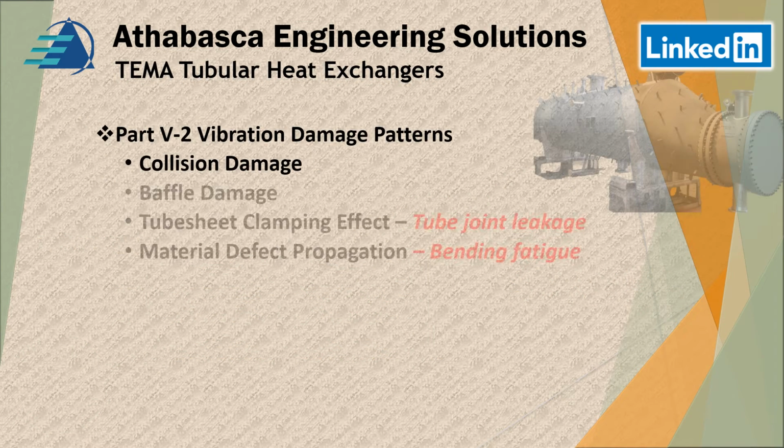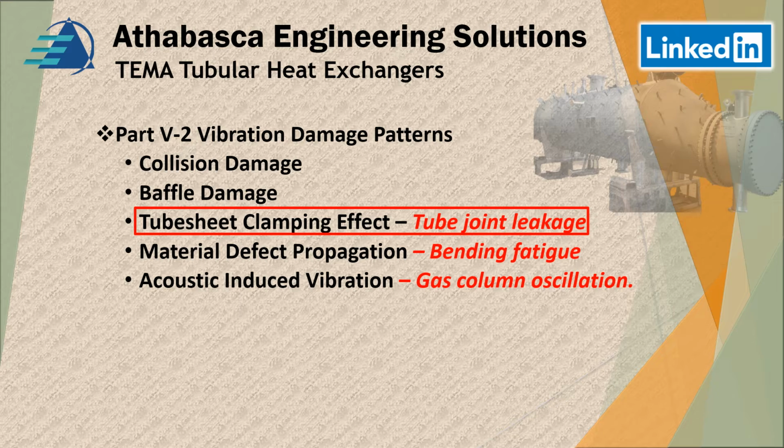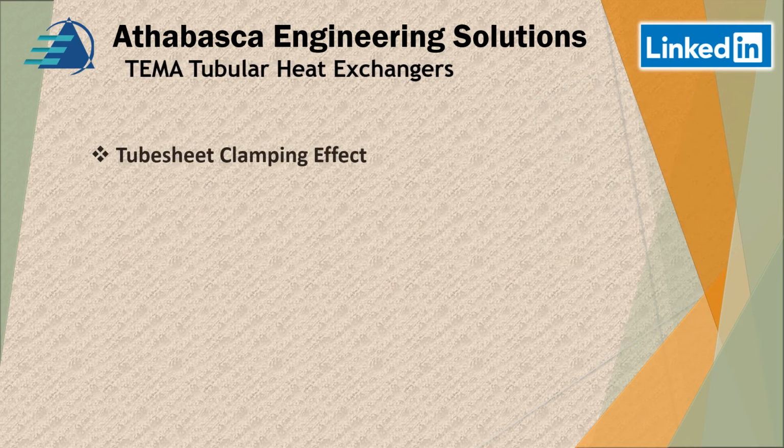Next, we're going to talk about the tubesheet clamping effect and the tubesheet joint leakage. The tubesheet clamping effect refers to the clamping effect that the tubesheet has on the tubes.